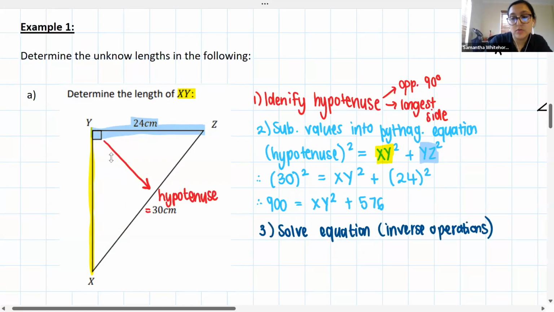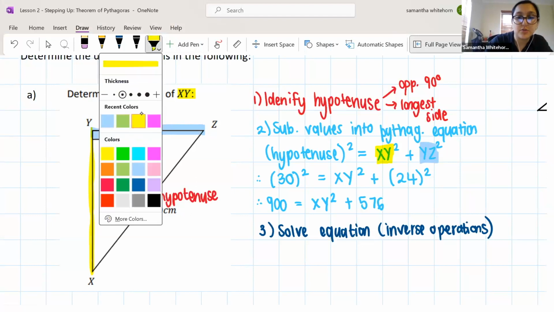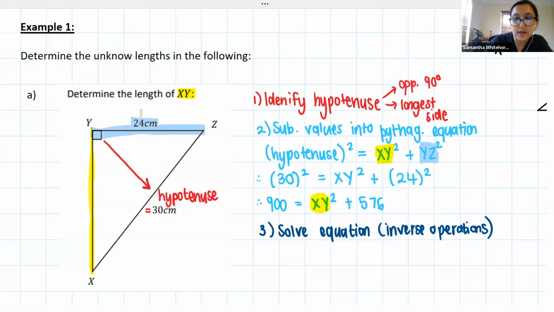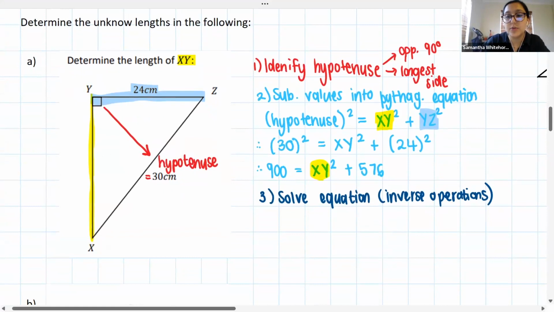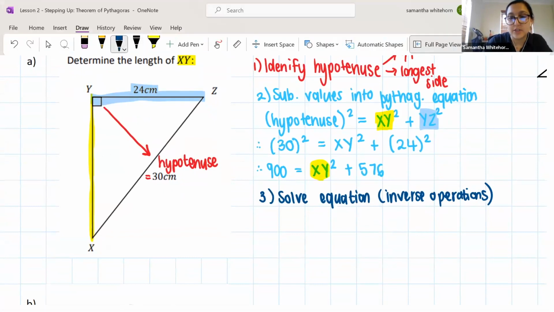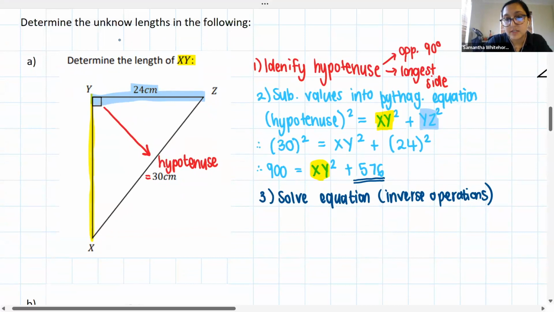So our goal when we're solving the equation is to solve for the side I don't know, which remember is this xy. So I'm trying to get xy alone. And so I now start to solve my equation. So guys, inverse operations, the first thing I want to get rid of is my plus 576.